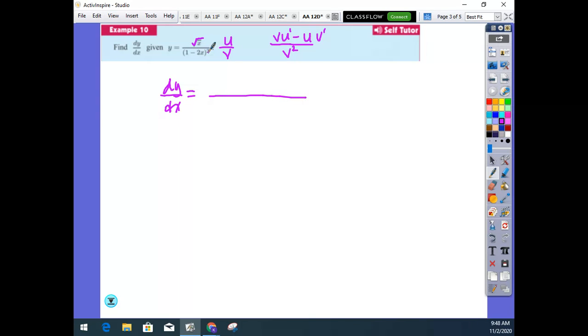When you square a square, that just becomes the fourth. So be careful. We square the bottom, but what I put on top first is exactly what you see on the bottom. 1 minus 2x squared, that's my V, times U prime, the derivative of the square root of x.